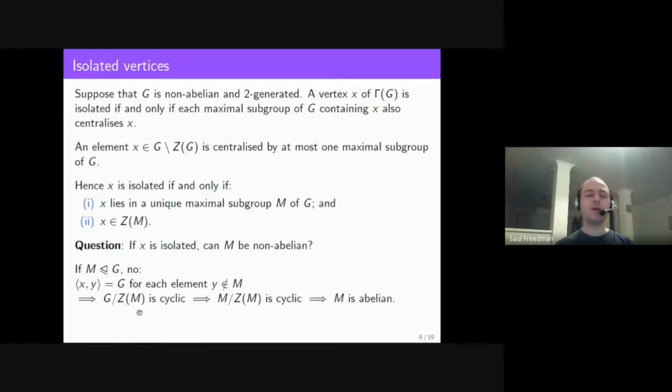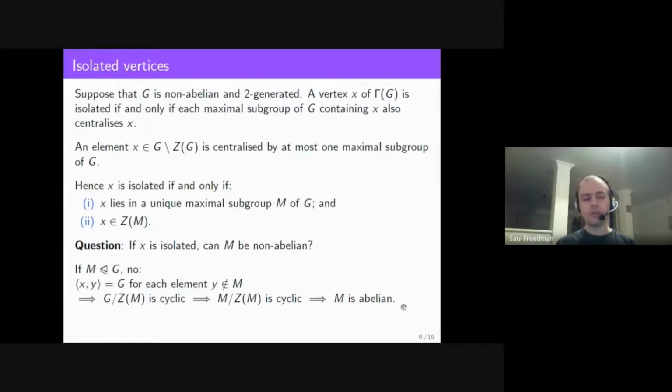And this quotient is well defined because the center of M is normal, because M is normal. And because this quotient is cyclic, so is the quotient of M by its center. And whenever we have a group whose central quotient is cyclic, that group must be abelian, and so M is in fact abelian as required.